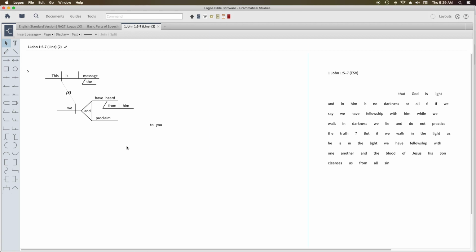Now, I didn't discuss indirect objects too much, but an indirect object is something that indirectly receives the action from something else and transfers it, in a sense, to another object. And so an example would be, I gave her flowers.